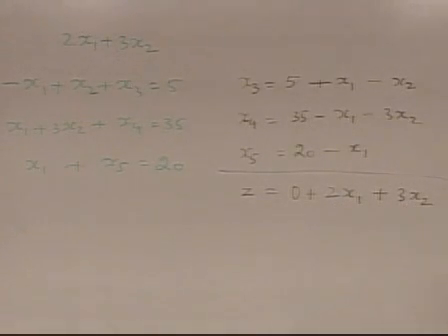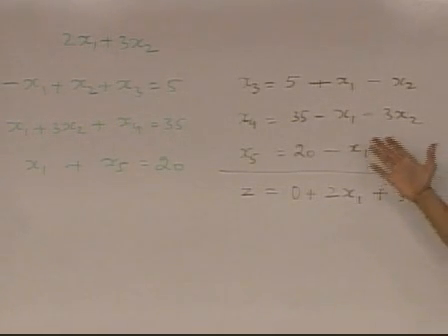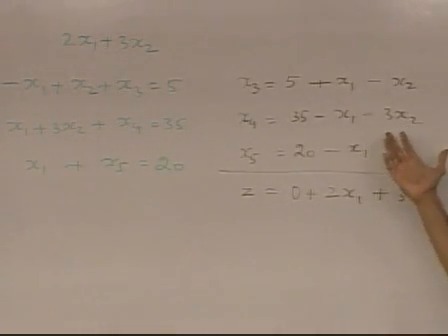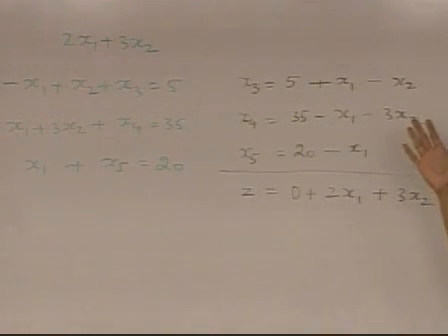So the goal is, of course, the question that you started out with: what values of x1 and x2 should you use to achieve maximum profit? This is nothing more than restating the same question. What values of x1 and x2 should I use so that they satisfy these equations?